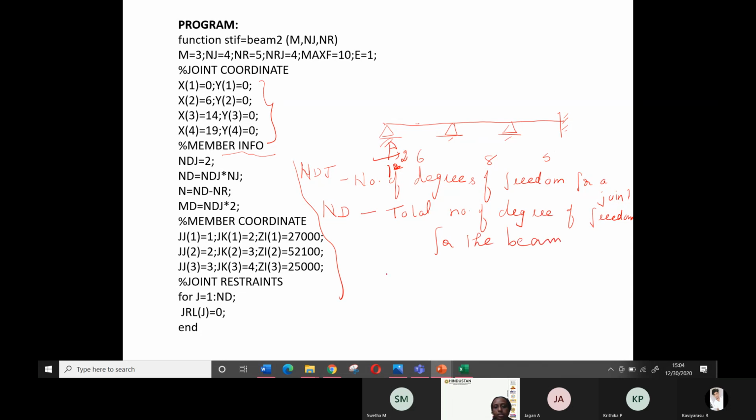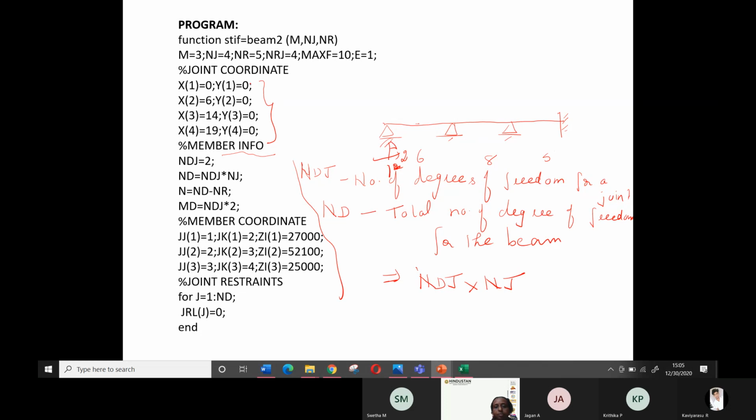ND depends on how many joints there are: the number of joints is 1, 2, 3, 4. We do not write 4 here, because we have already given the number of joints. So ND is the number of degrees of freedom for a joint into the number of joints, which is what I have given here.